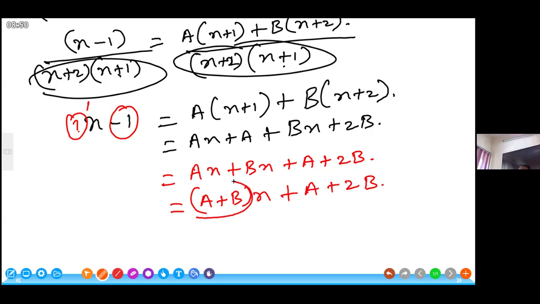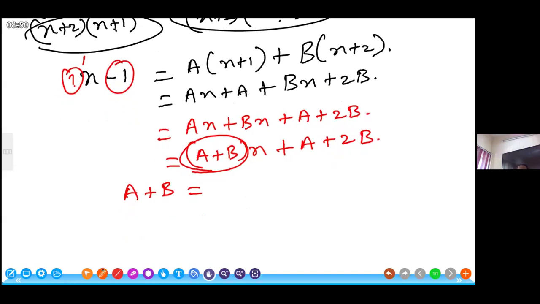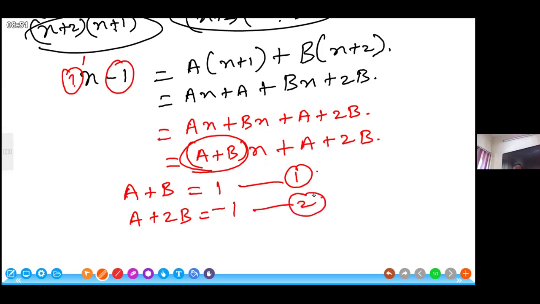This is the coefficient of x on the right side, which is equal to the coefficient of x on the left side, which is 1. So that is my first equation, a plus b equals 1. The second equation is a plus 2b, which is the constant, equal to minus 1.